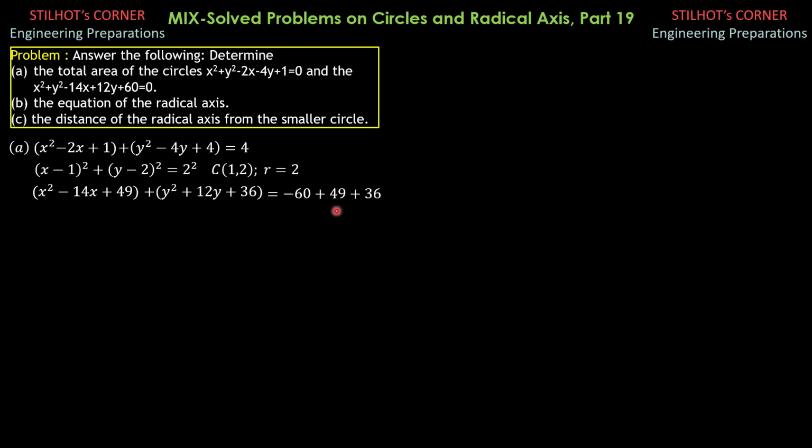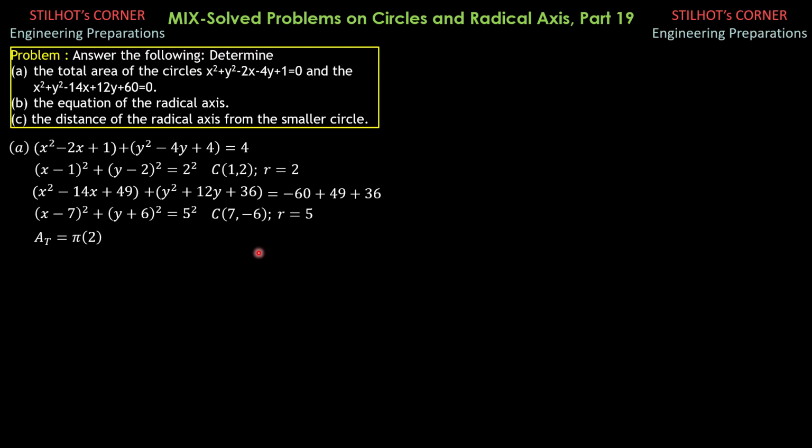Simplifying, this is 85. 85 minus 60 is 25, and 25 is 5 squared. So this is quantity x minus 7 squared plus quantity y plus 6 squared equals 5 squared or 25. The center of the circle is at 7, negative 6, and the radius is 5. Therefore, the area is pi times 5 squared, 25 pi.